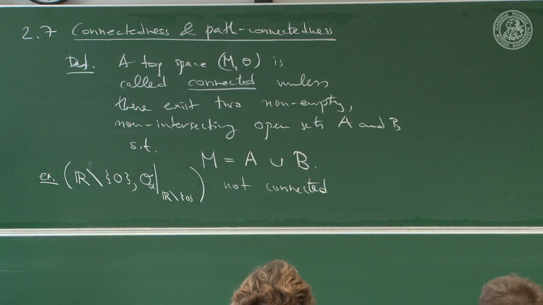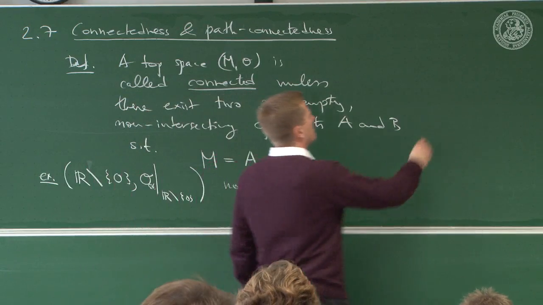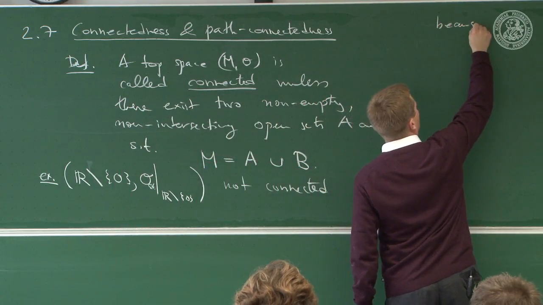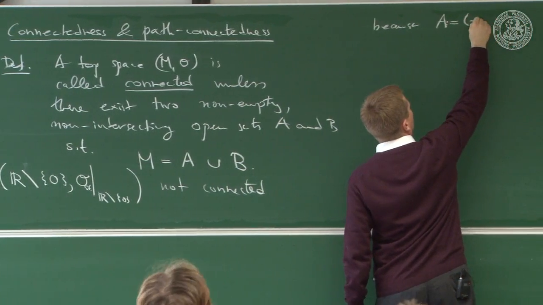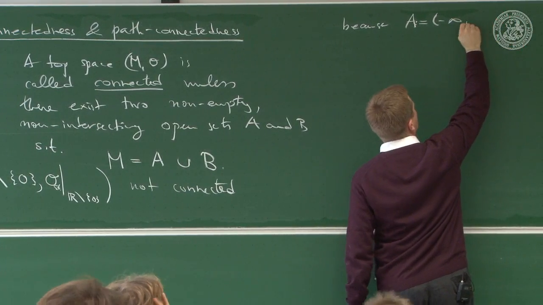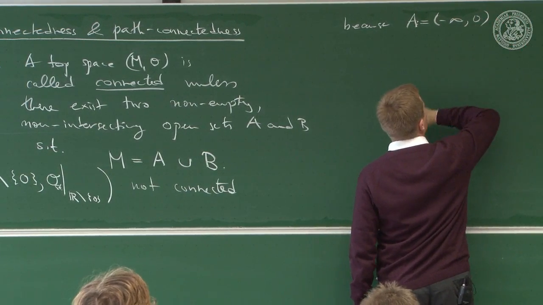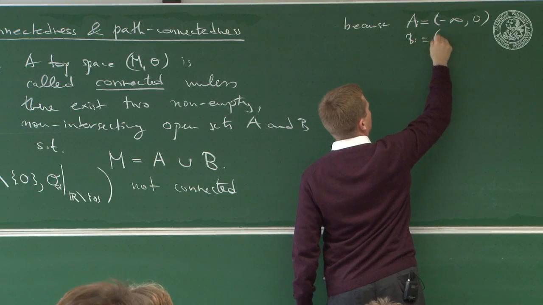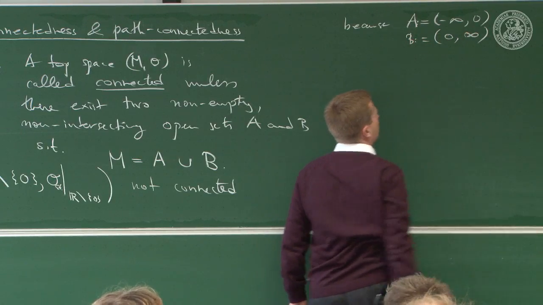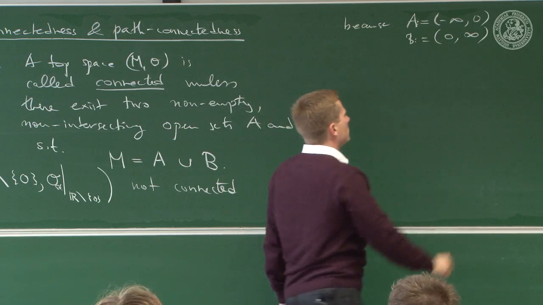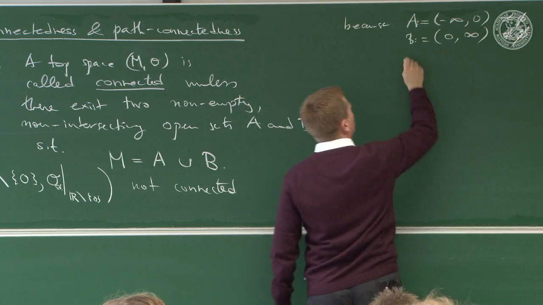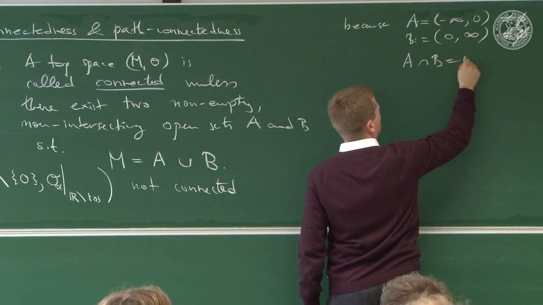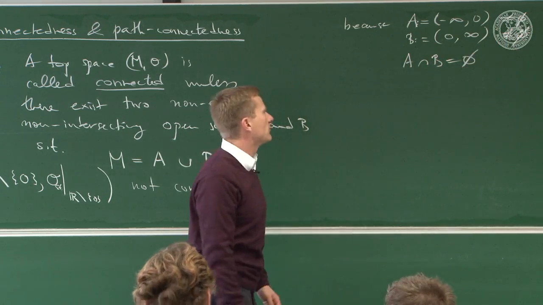And the intuition is quite simple, because let A be the interval from minus infinity to 0, both exclusively, and let B be the interval from 0 to plus infinity. It's clear they're both non-empty. They're both non-intersecting. And they're both open.